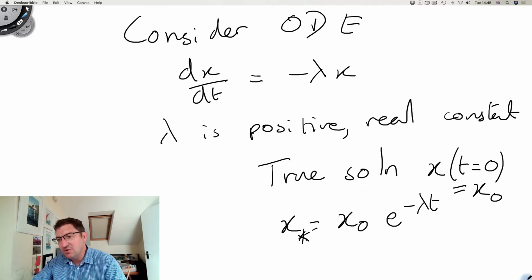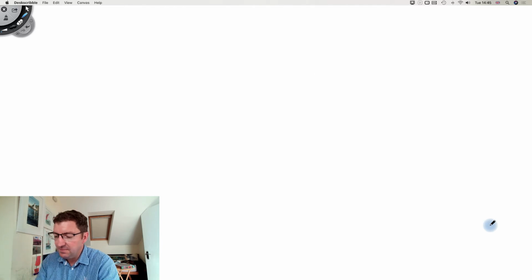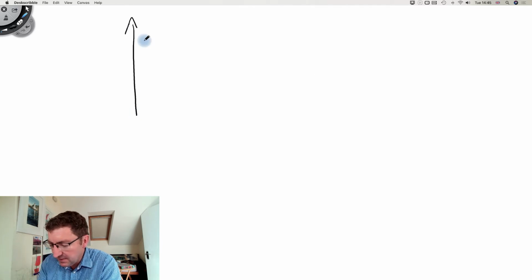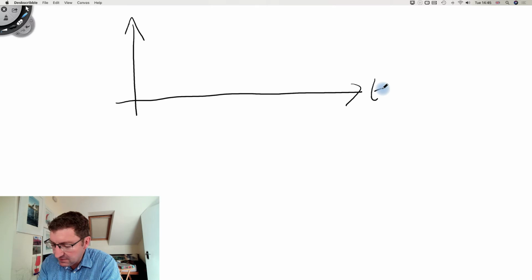It's a solution that decays exponentially with time and goes to 0 as time goes to infinity, because lambda is a positive real constant. So let me just show this.